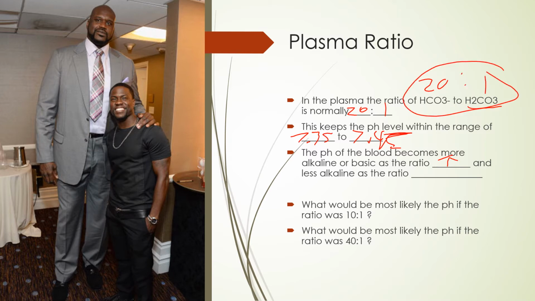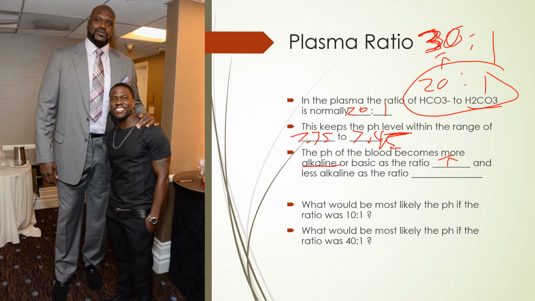If this ratio increases, what if I do a 30 to 1? Is this alkaline or acidic? It's not a normal relationship, so it's either more alkaline or acidic. This ratio increased. I have an increased ratio of bicarb or base to acid. So in this situation, I became alkaline.